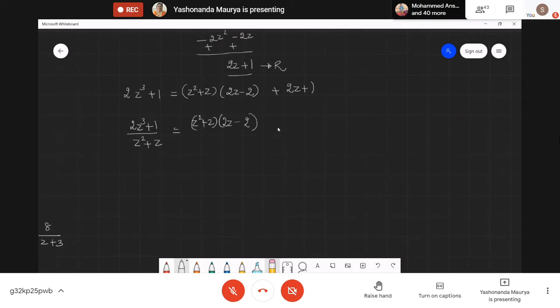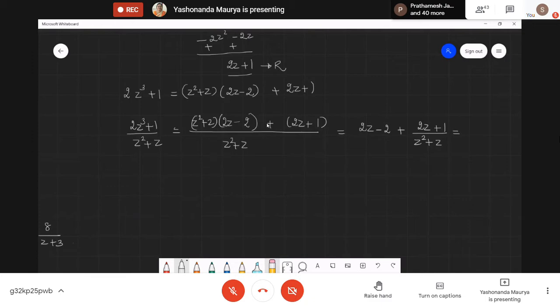This is a very small topic, but many things come into the picture here. Okay. So we have to be careful about so many things. Divided by z square plus z. So this is 2z minus 2 plus 2z plus 1 divided by z square plus z.